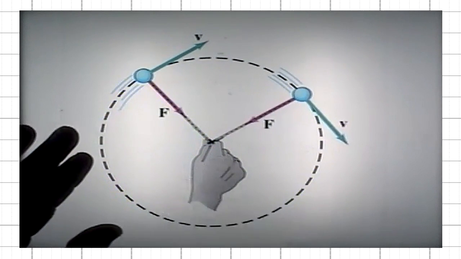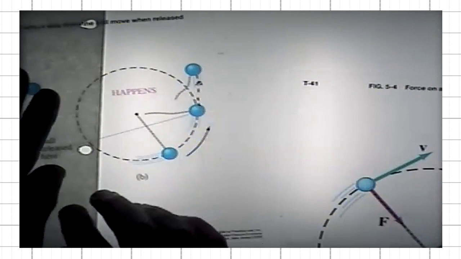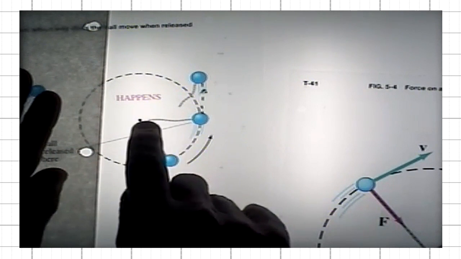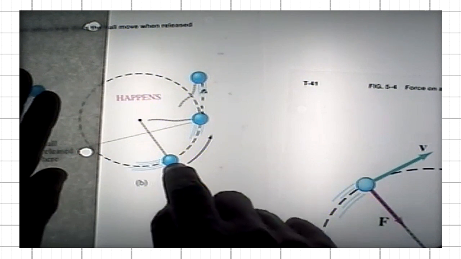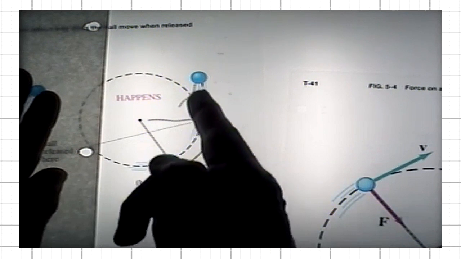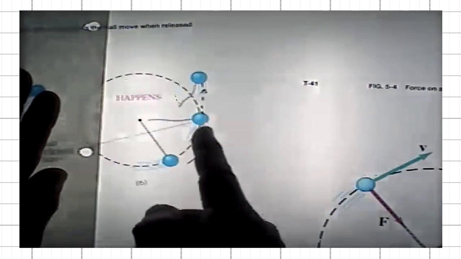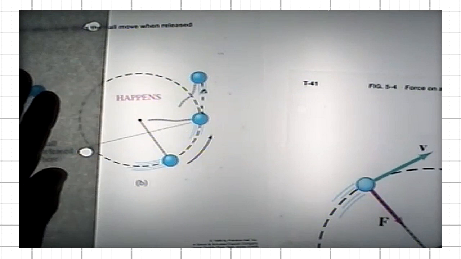What would happen if you let go? The object would fly off in a tangential direction. If I let go here, so that there is no force on this object forcing it to change the direction of motion, it would simply continue moving along the line tangential to the point on the circle where the force was released.